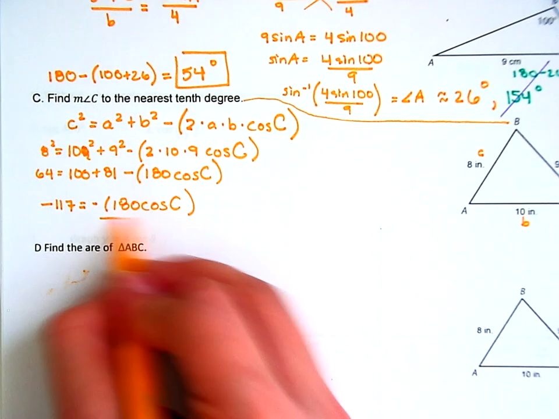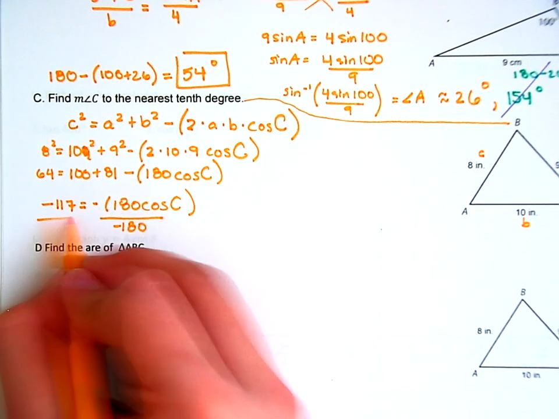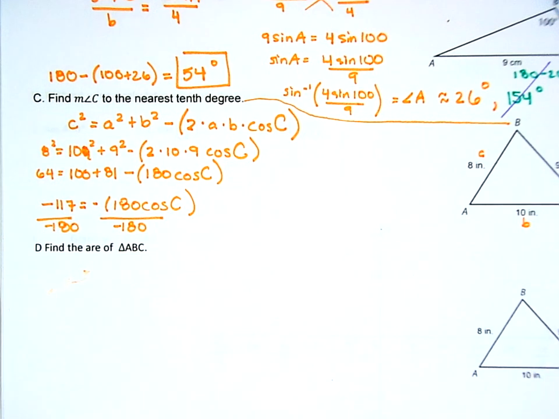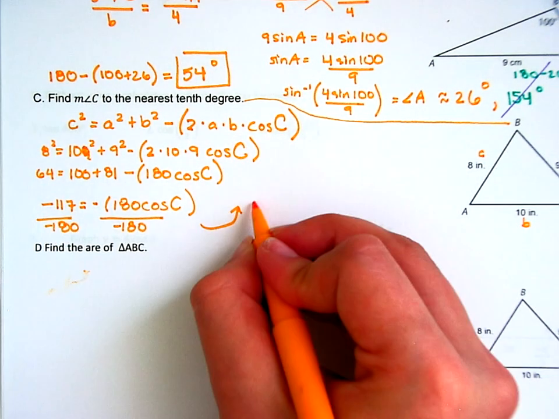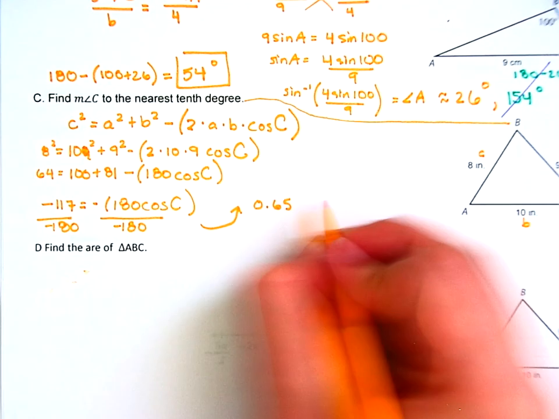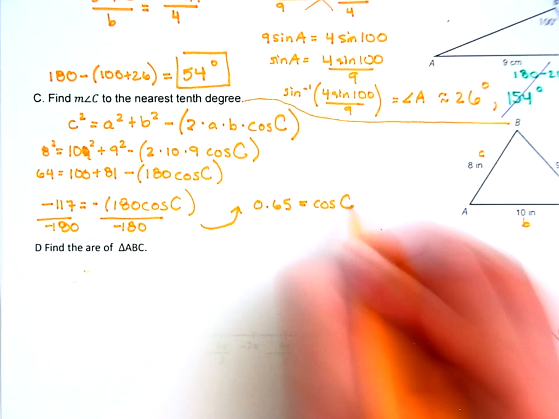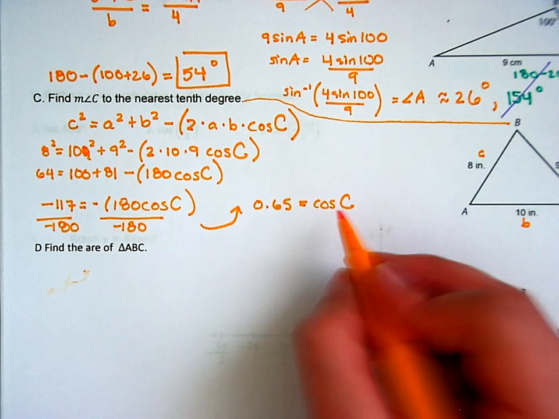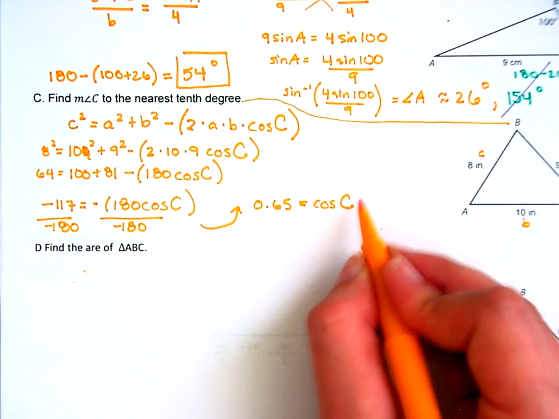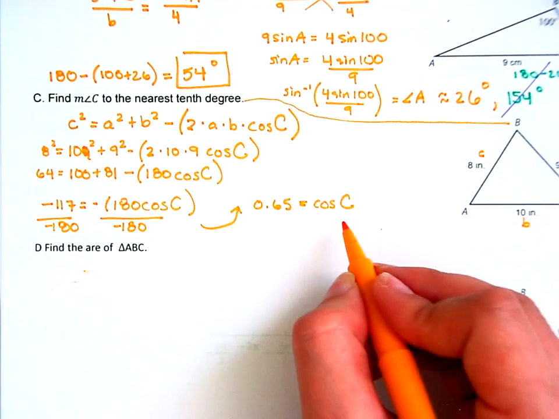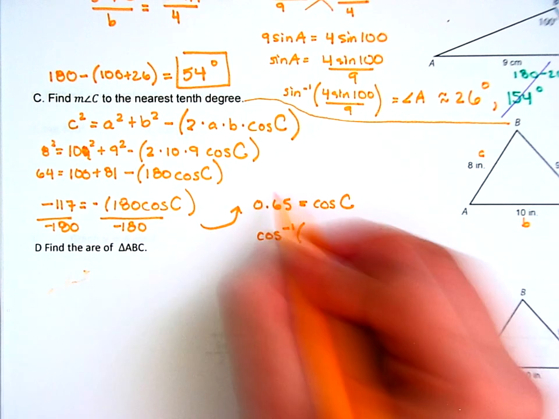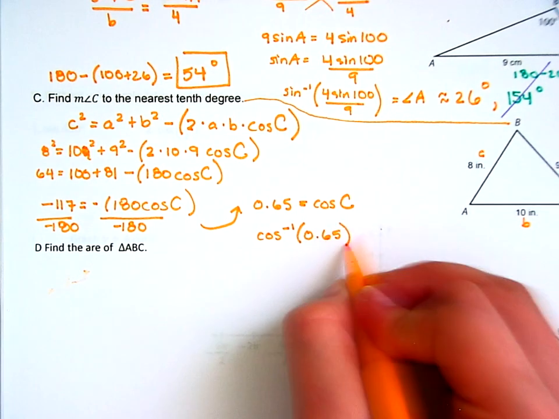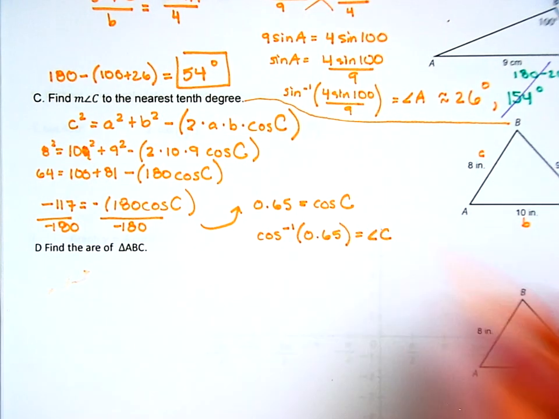So I'm going to divide by negative 180. So if you do that math right here in your calculator, you should get about 0.65 on the left, cosine C on the right. And then again, if I have cosine of what I'm trying to solve for, I need to use cosine inverse. So cosine inverse of this value is going to give me the angle.